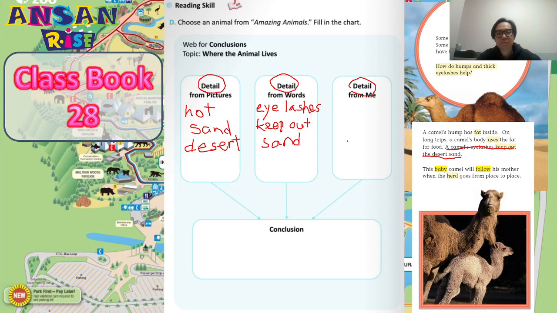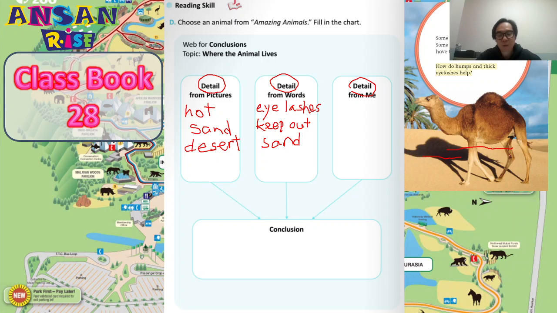So, what do I know about camels? Actually, I know a little bit. Let's see. Well, we didn't see it in this picture. Well, we can a little bit. But do you see the camel's feet? His feet are made in a special way so that they can stay on top of the sand. And do you see his hump? Well, some people think that's where his water is, but the truth is there's a bag inside his tummy, or above his tummy, where he can store water. So what can I put?